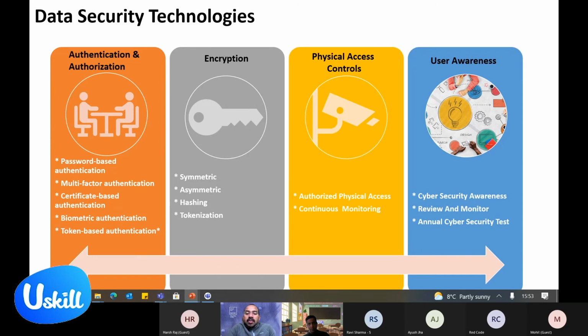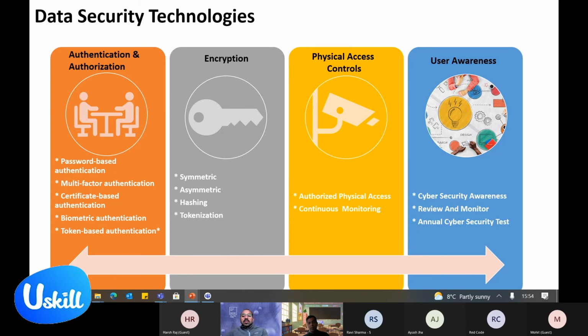If we have implemented technical security controls but we don't apply physical security controls, it may also impact the availability of the data if some unauthorized user goes and breaks in or steals the whole hardware system. Then the data will not be available. So we should definitely look into physical controls.